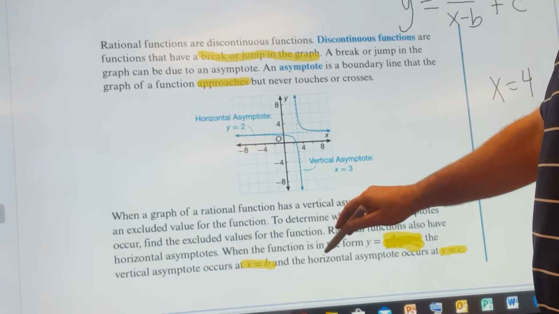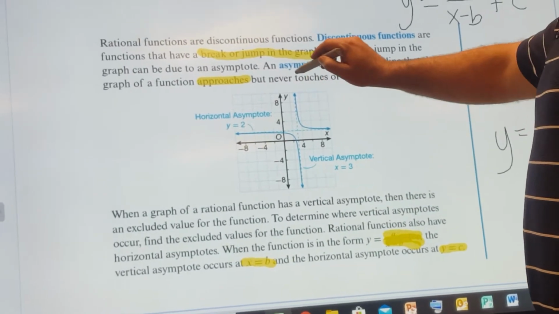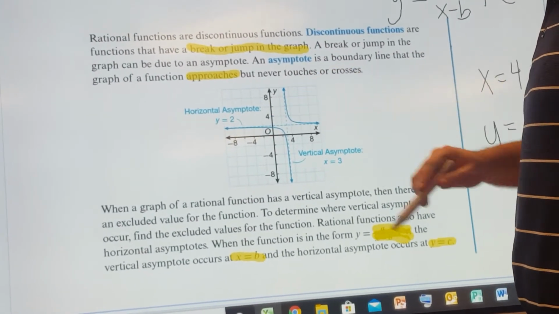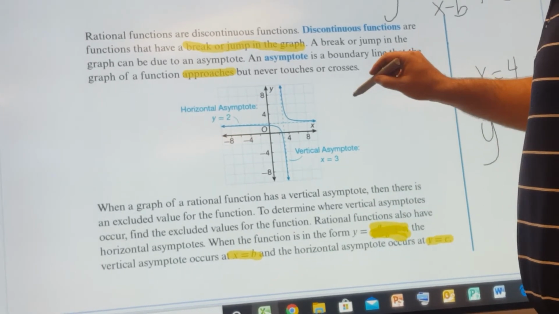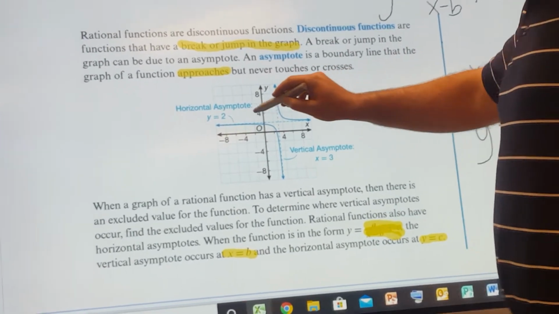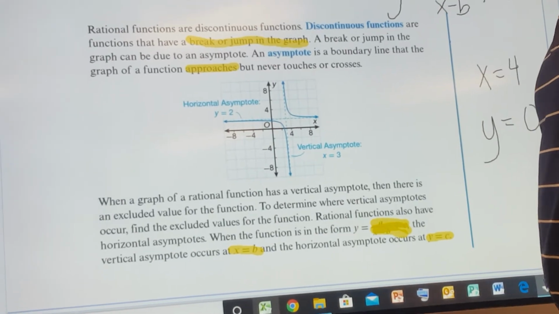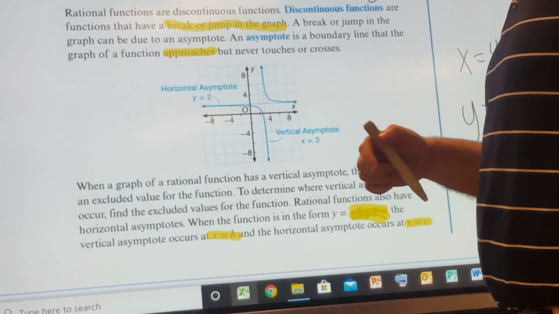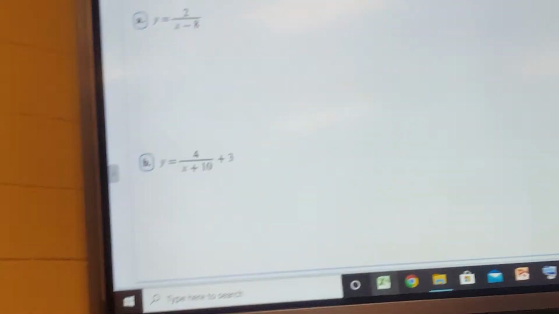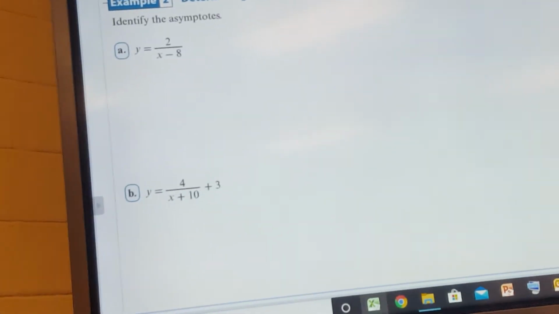There's a dashed line there, meaning the graph would get real close to 3 but never touch. And the same thing on this end. There are vertical asymptotes and horizontal asymptotes, where the graph of the function will never equal those values because they're undefined.